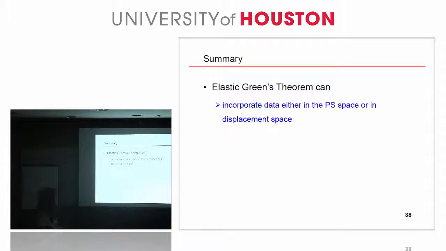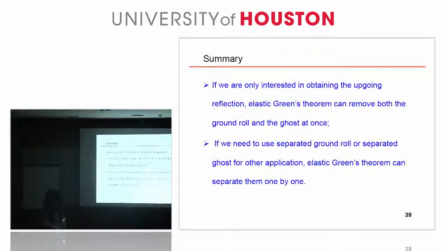And we can draw our conclusion here. First, the elastic Green's theorem can incorporate data either in PI space or in displacement space. You can pick either one for your own processing interest. And the second is, if we are only interested in obtaining the outgoing reflection and assume your measurement surface is below the source, then elastic Green's theorem can remove both the ground roll and the ghost at once.